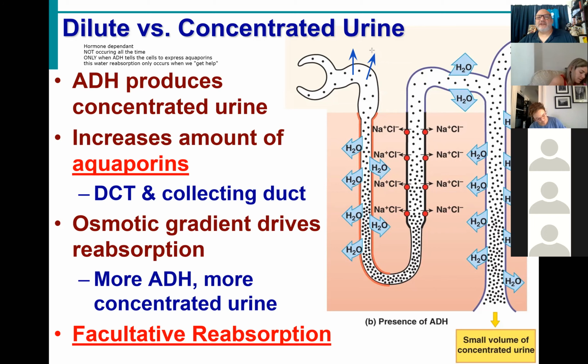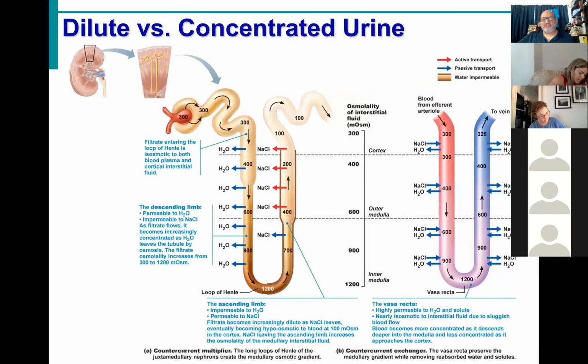All right, excellent. Lastly, again, as promised, here is that pretty picture from your textbook that does a nice job of putting it all together, showing how these two countercurrent mechanisms, the countercurrent multiplier, where we are dramatically increasing and then dramatically decreasing the osmolarity of our filtrate, and the countercurrent exchanger, where we have movement of sodium and chloride into and out of the vasa recta that is going to maintain that osmolarity gradient that allows it to do work.